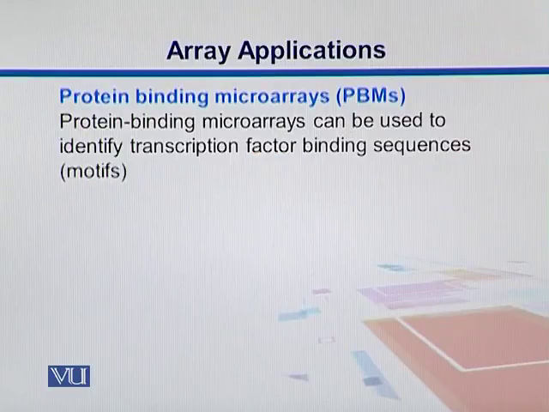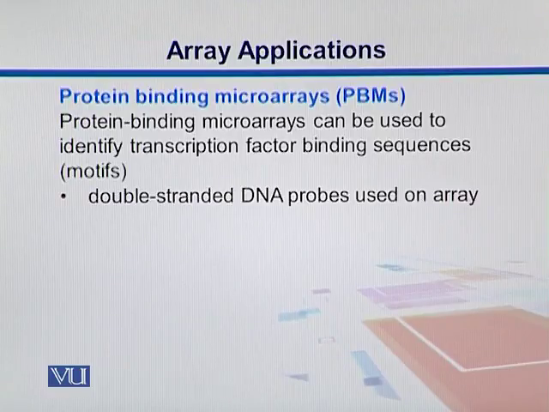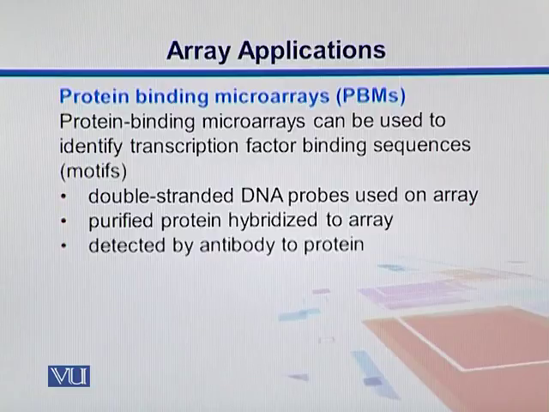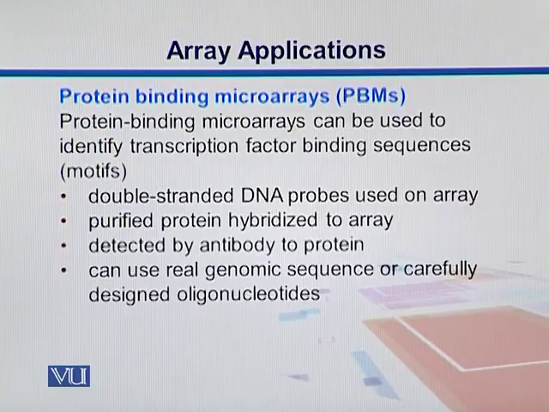Protein binding microarrays, we call them PBMs. Protein binding microarrays can be used to identify transcription factor binding sequences or motifs. We take double-stranded DNA probes used on the array, hybridize purified protein to the array, and detect those proteins with the help of antibodies.